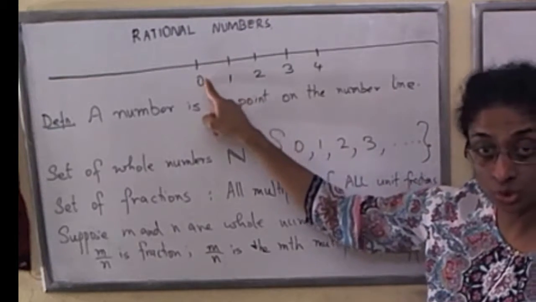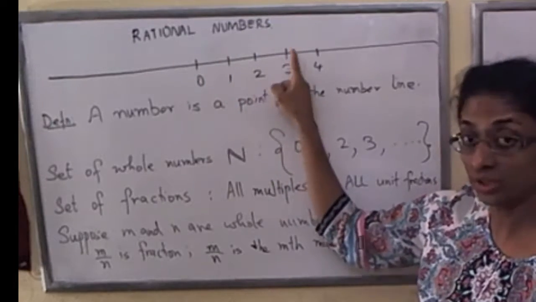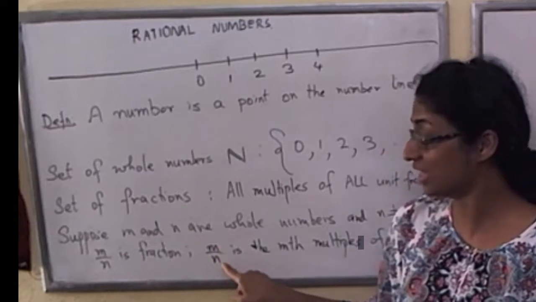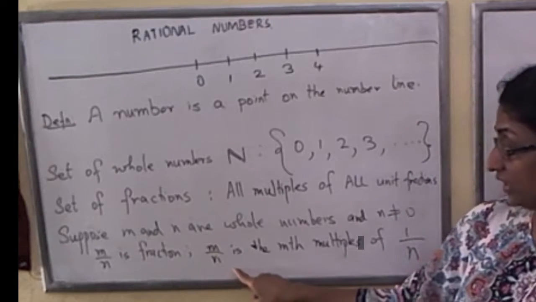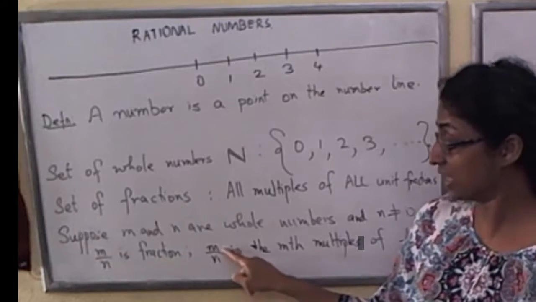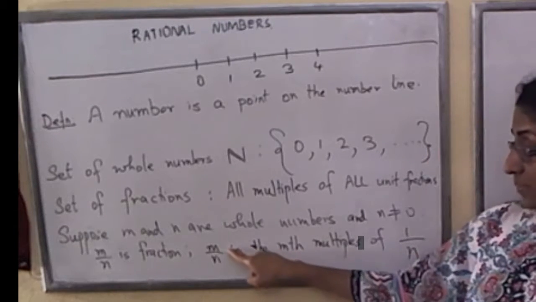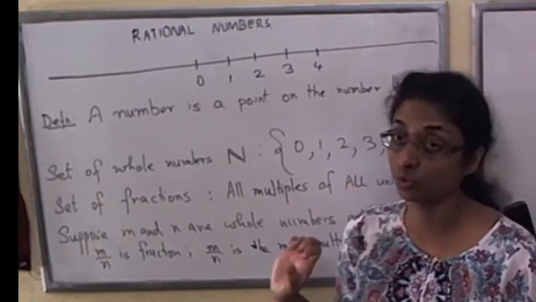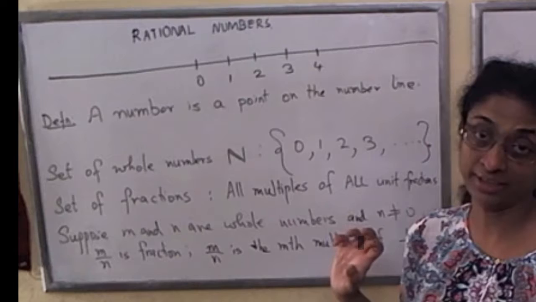The second point is 2 over n, and so on. So that way you can count off and find the point whose label is m over n. And that point m over n, you can call it the mth multiple of 1 over n, or we can also say m over n is m copies of the unit fraction 1 over n. So that is a very quick summary from our fraction videos.